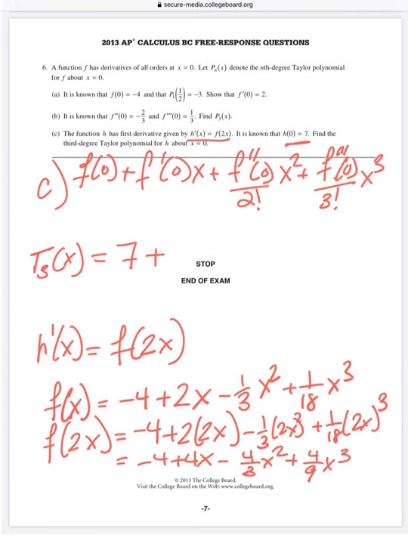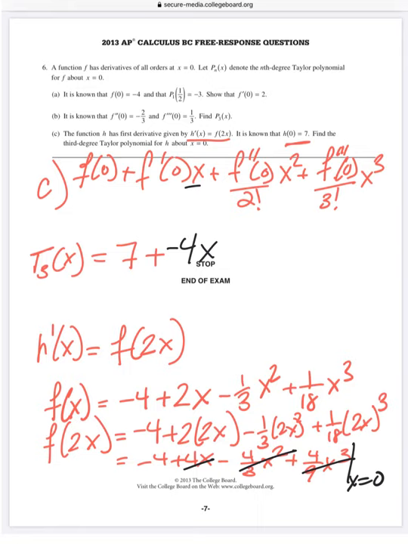I forgot, we're doing h prime of 0, so I have to plug in x equals 0. So this would be gone, this would be gone, that would be gone, so you just have negative 4.